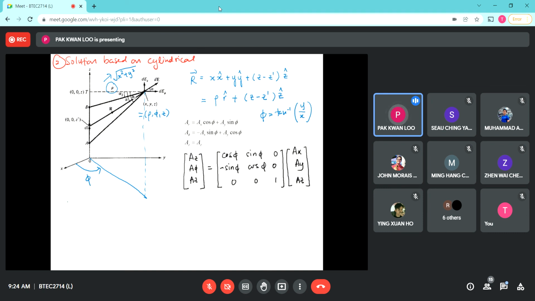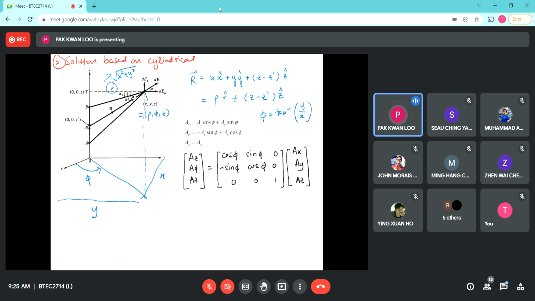The length projected to x, this length here is x, and this length here is y, right? So phi is arctangent y divided by x.